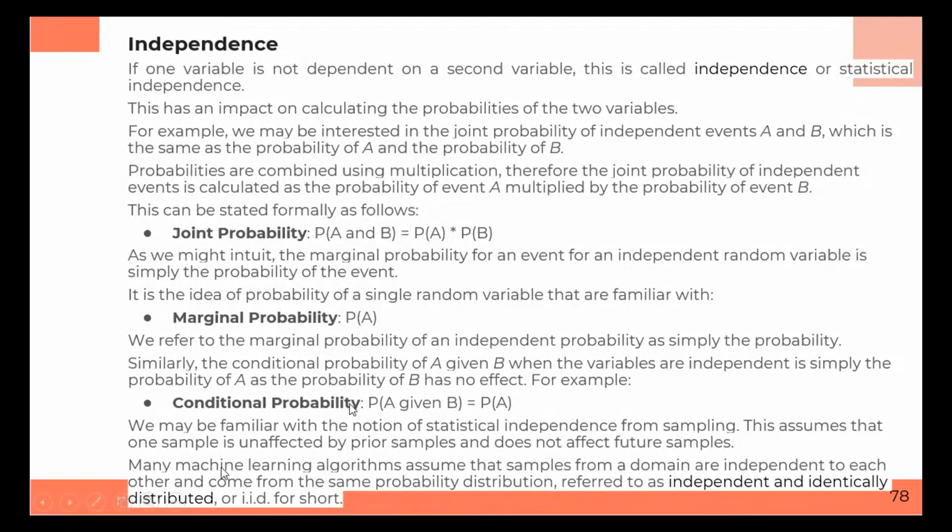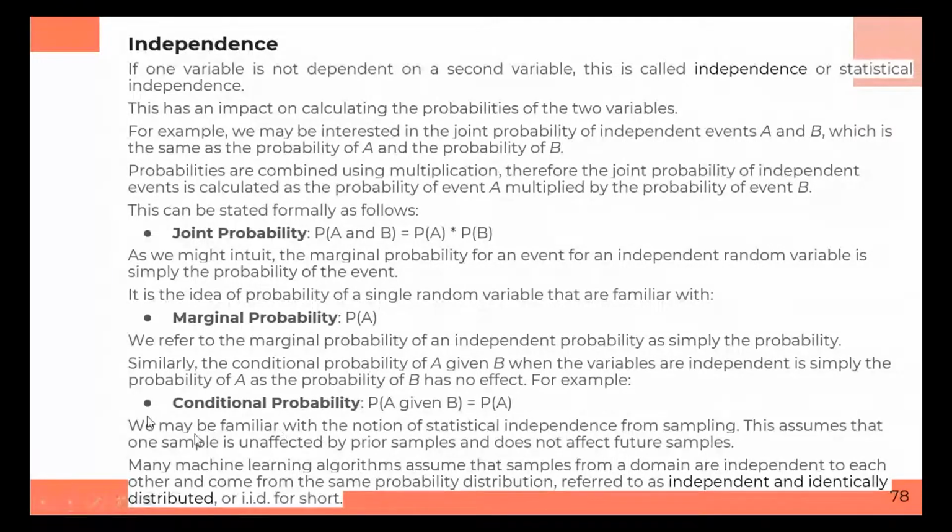When you take a sample in the data set, that will be one event, but that event doesn't affect another event, or sampling of a new data set in the same process. The process is the same, the data is the same, but we are sampling differently. That will be one of the events, so we are considering it as shared probability.